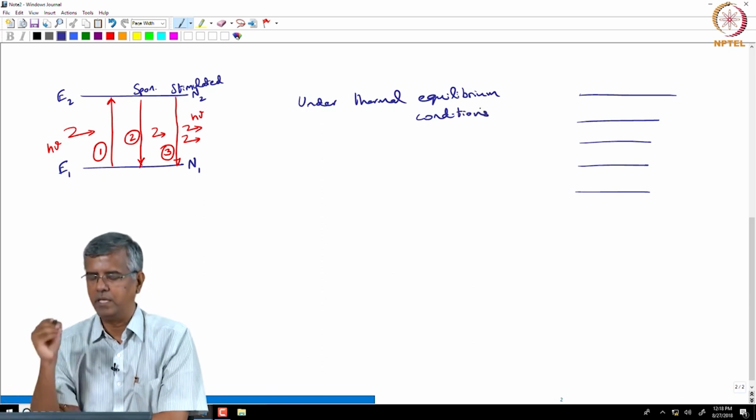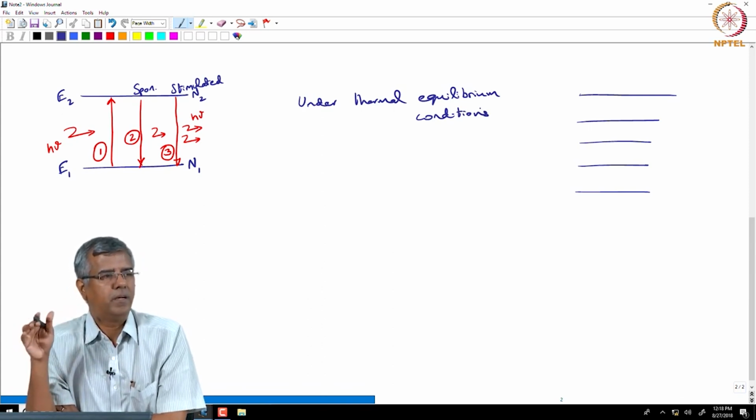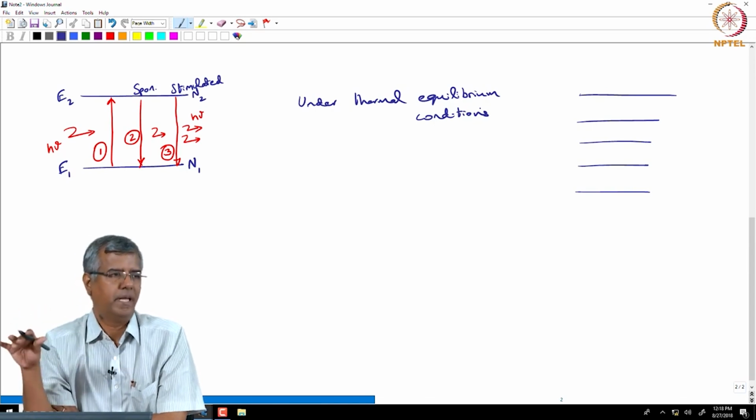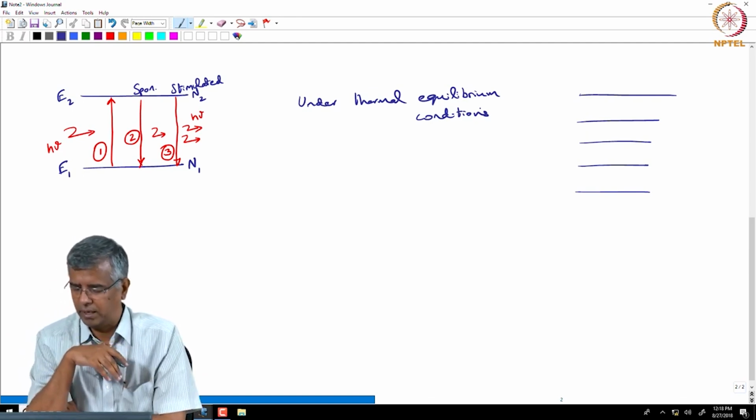So, what does thermal equilibrium conditions mean? That you have elevated the atoms to a particular temperature, you subjected them to a particular temperature and you are holding them there, okay. So, things are not changing rapidly around that point, okay.